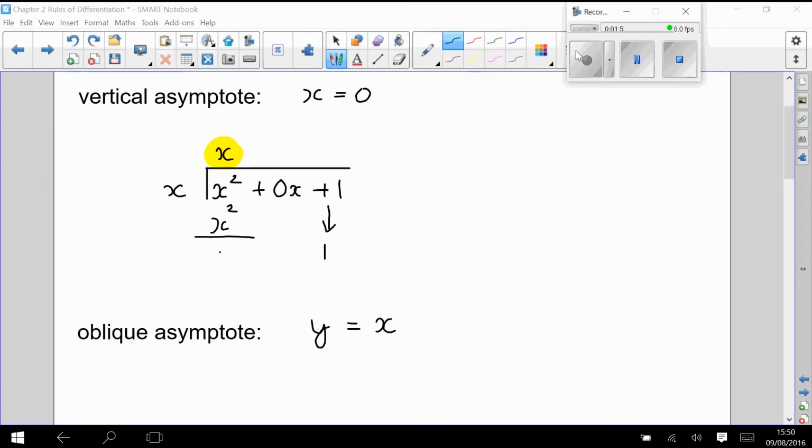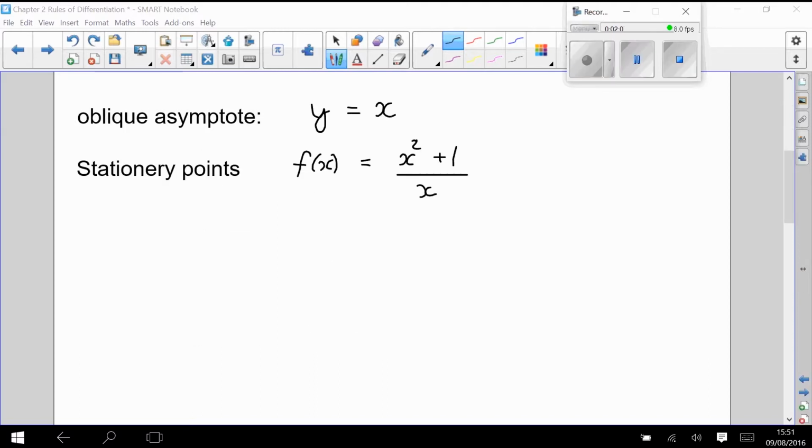Now that I've found my oblique asymptote and my vertical asymptote, I'm going to move on to try and find my stationary points. To find the stationary points, I need to use the quotient rule for differentiation. When I find the derivative, it is going to be f prime of x. I find the derivative of the top function, and that's going to be 2x.